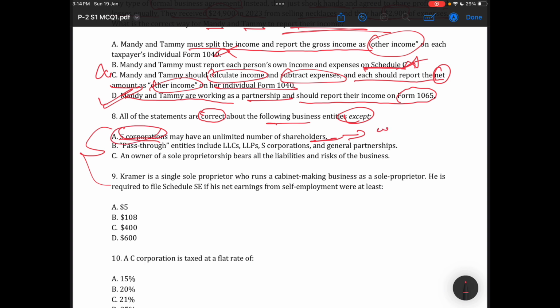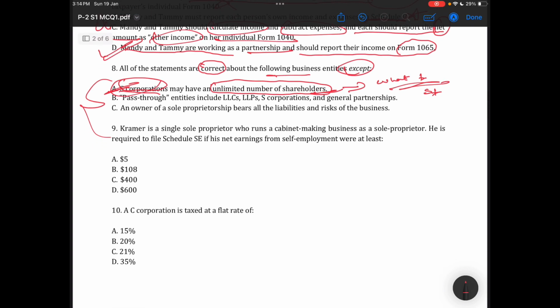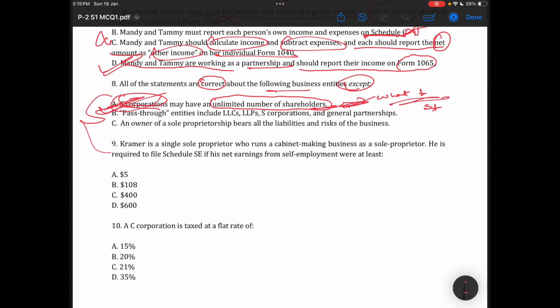So what is the limit? Please comment below. And here it says unlimited number of shareholders. So please comment what is the limit of shareholders for the S corp, and for the rest I think we don't need to move through the options. Okay, so this is the correct answer.